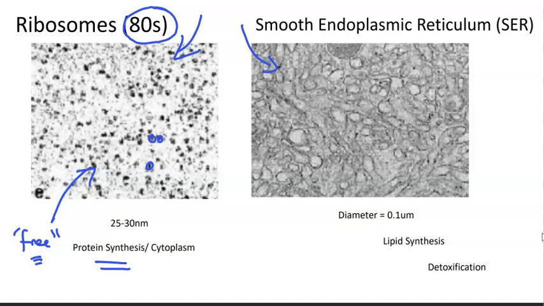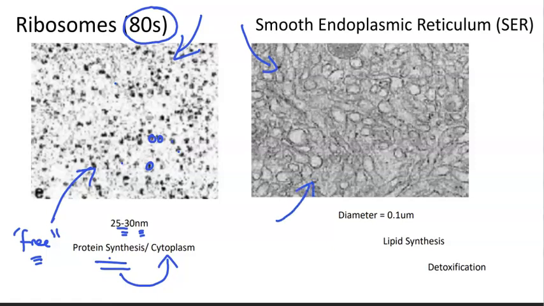If they're free from the endoplasmic reticulum, then the proteins which are produced are going to be used in the cytoplasm of the cell itself. And these small granules you can see are about 25 to 30 nanometers in length. So that's 25 thousandths of a millimeter. Free ribosomes making proteins for internal use within the cell.